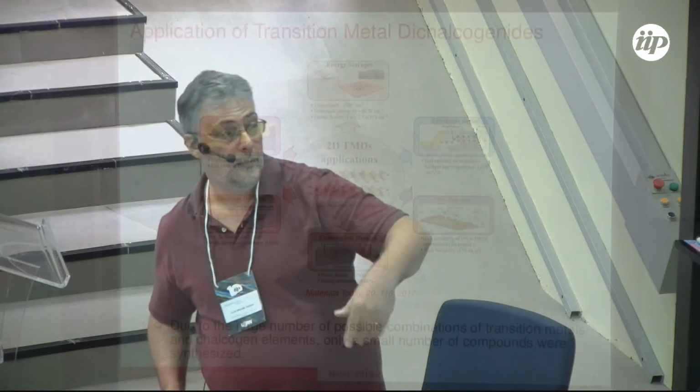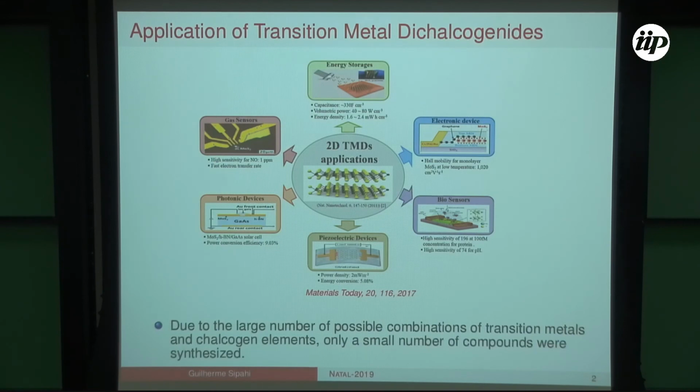These materials have lots of applications, especially in this material science way of thinking, not exactly spintronics, but several others: photonic devices, electronic devices, biosensors, storage. Dichalcogenides became important in general fields.